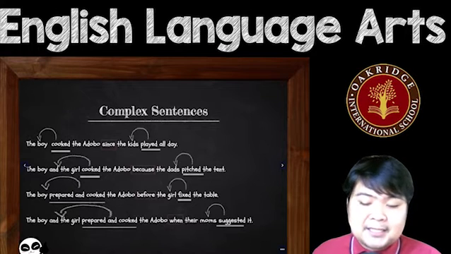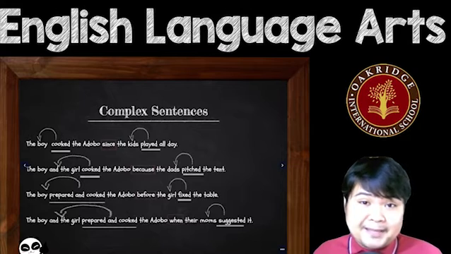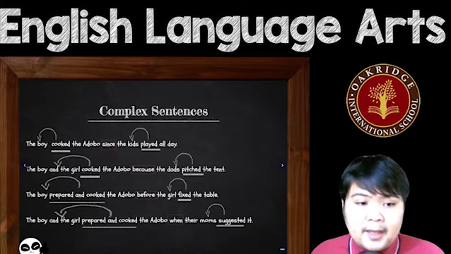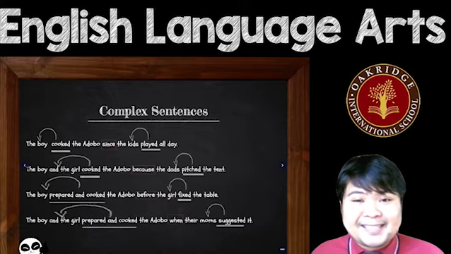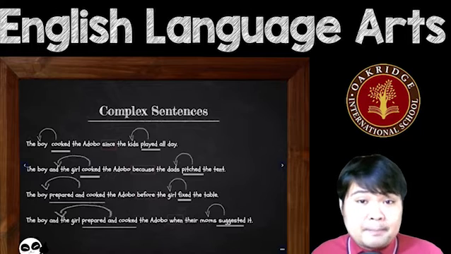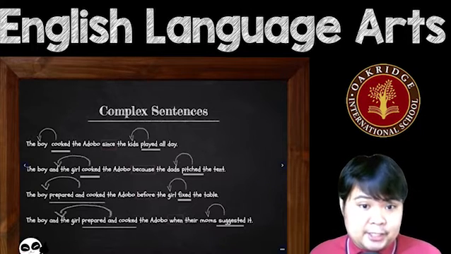Compound sentences are more than a pair, so there are 2 pairs of subjects and predicates, combined by coordinating conjunctions or fanboys. And then, of course, complex sentences: same thing, you have 2 pairs of subjects and predicates, but they are combined by subordinating conjunctions.